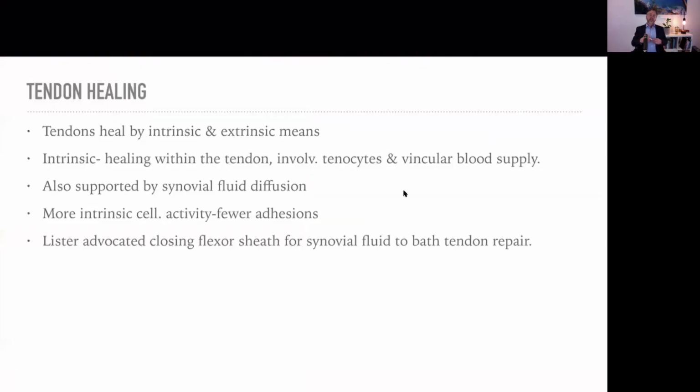Tendon healing can occur by intrinsic or extrinsic means. So although it can heal intrinsically, if it's left alone, it will heal extrinsically, which we actually don't want. We'll talk about that in a moment. So we have this supportive healing from the synovial fluid, diffusion. We have more intrinsic cell activity and fewer adhesions if we're moving the tendon.